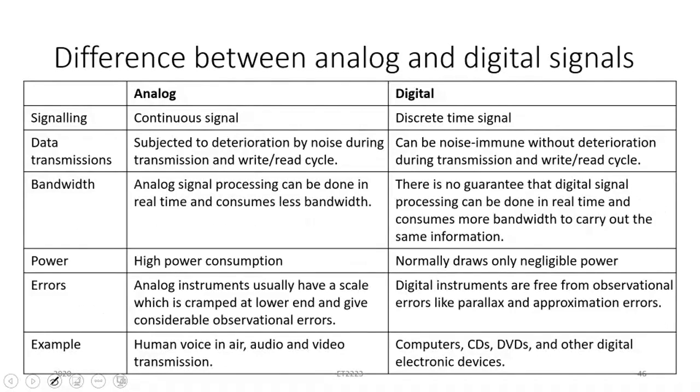Then when we think about continuous signals, analog signals and discrete signals, there are some common things that we already looked at. Analogs are continuous, digitals are discrete signals. The main disadvantage with analog signals is they can deteriorate over a period of time due to noise, but digital signals are fairly immune to that over long periods of transmission.